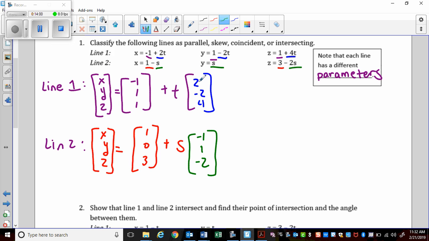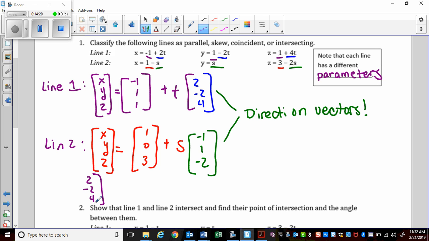I see something interesting with this. These are my directions. I see that 2, negative 2, and 4 is a number times negative 1, 1, and negative 2. All I have to do is multiply this by a negative 2 to get this one.